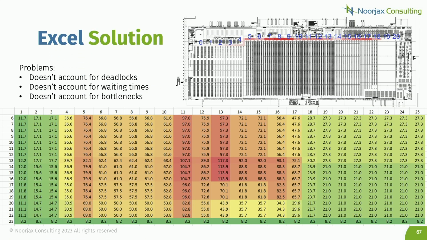The Excel model is much bigger than this, but this is the final result, where you see a heat map of the whole situation in the warehouse. Each row represents a time of the day, and each column represents a section that is arbitrarily chosen from the highway that I showed in red.